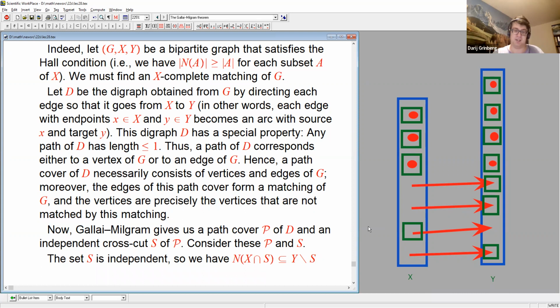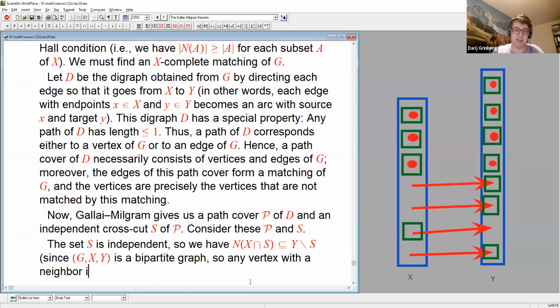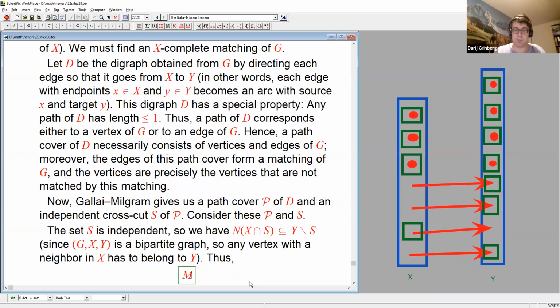And why are you in Y? Well, because you have a neighbor in X, and the graph is bipartite. So any vertex with a neighbor in X has to belong to Y. And therefore, of course, a subset always has size at most the size of the original set.